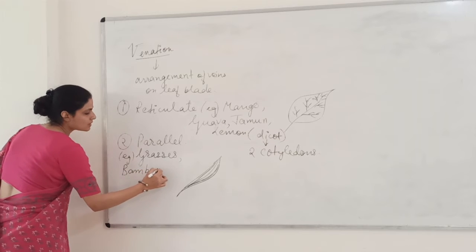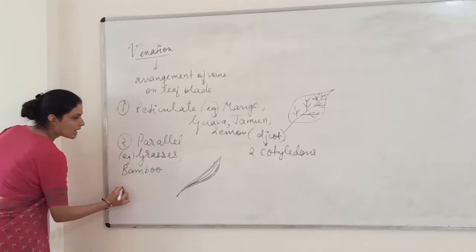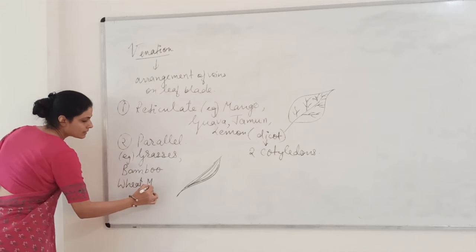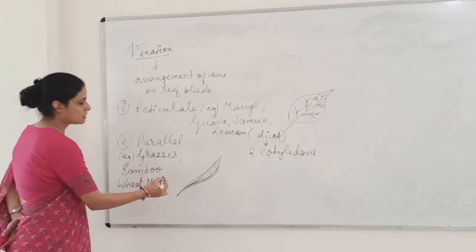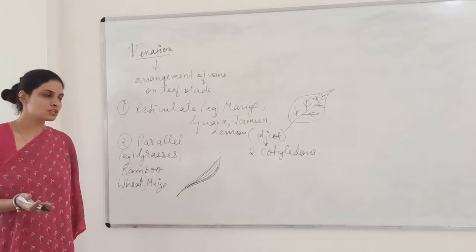Bamboo is also a kind of grass, and it is the tallest grass. You will also find them in wheat, maize, etc. The veins arranged on these leaf laminae are parallel to each other.